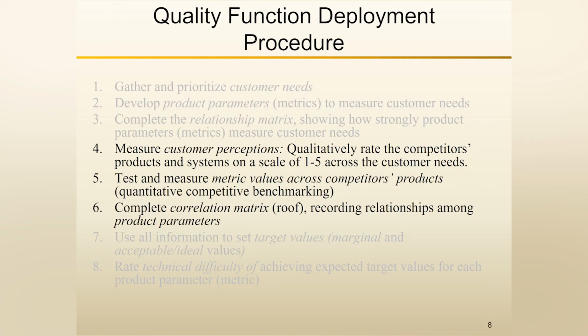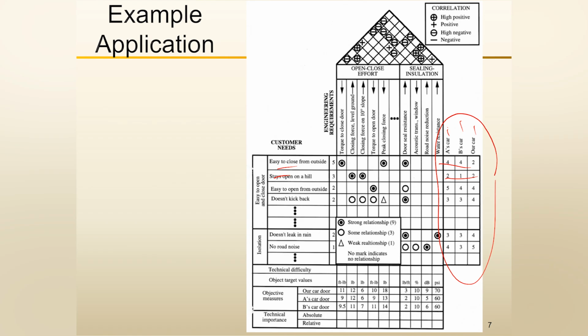Now, the next step in the procedure for house of quality is to test and measure the actual values of the performance parameters for the competing products, and that's recorded down here at the bottom of the house of quality. And so you can see for each of the performance metrics up here, the value for each product, including the product that's being redesigned, is recorded for each parameter.